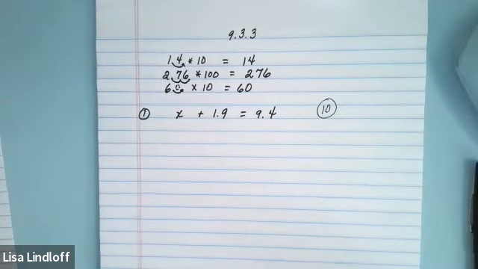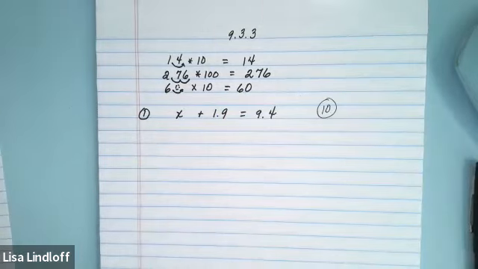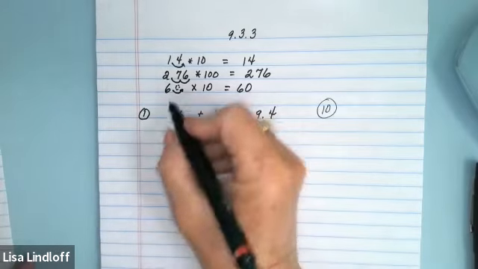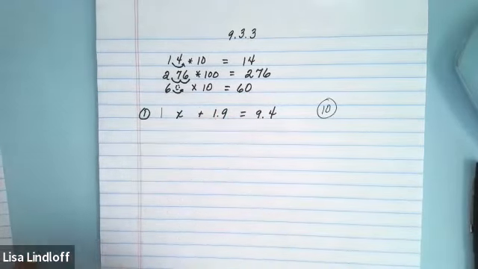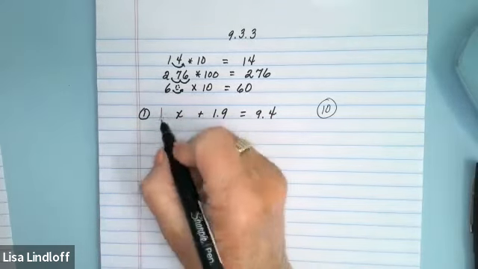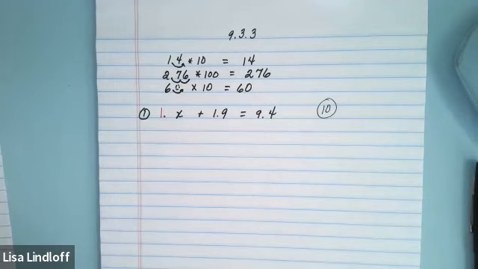I'm not going to write a 10 down for each of them like I do with fractions, because I know what's going to happen. The decimal point is going to move 1 place in each one of the terms. Now, the coefficient of x is an implied 1. It has a decimal point on its right side, even though it's not written.